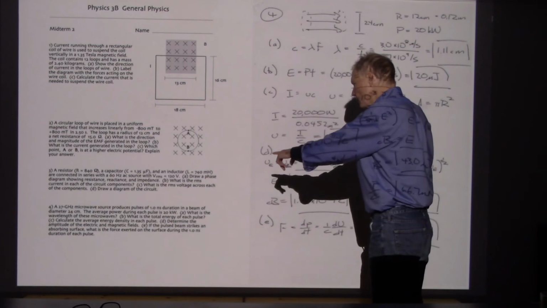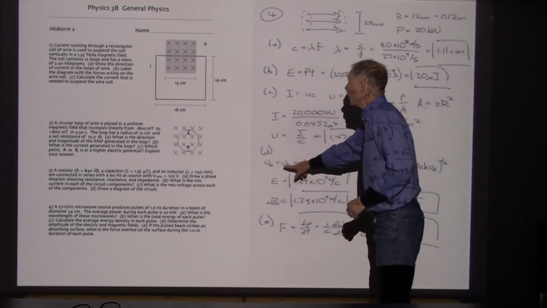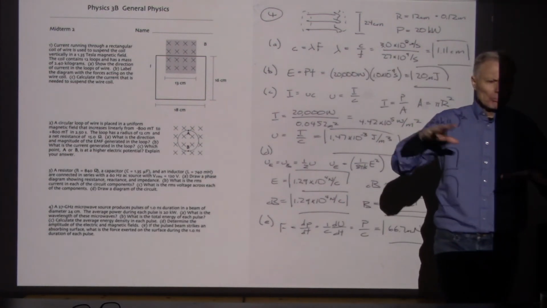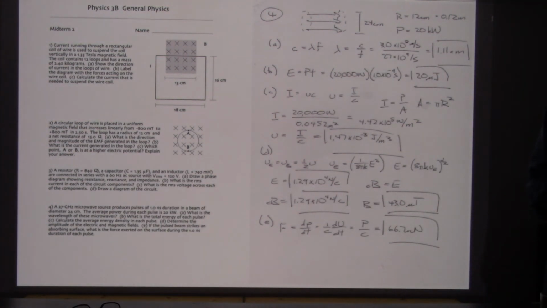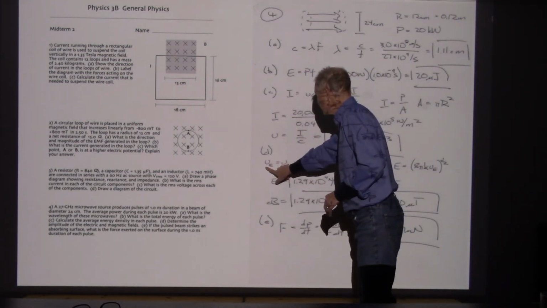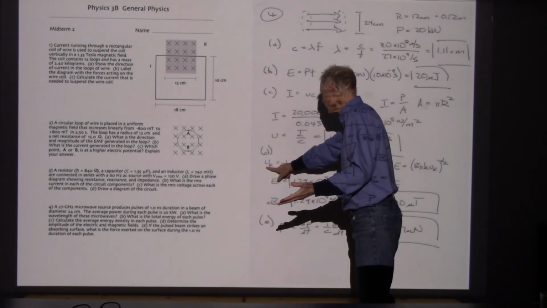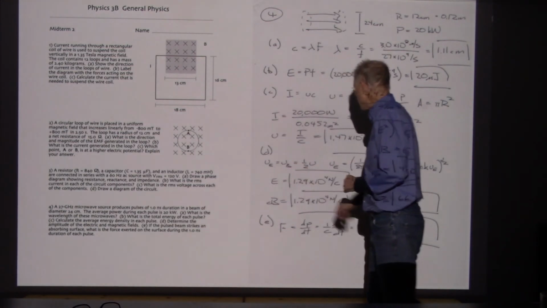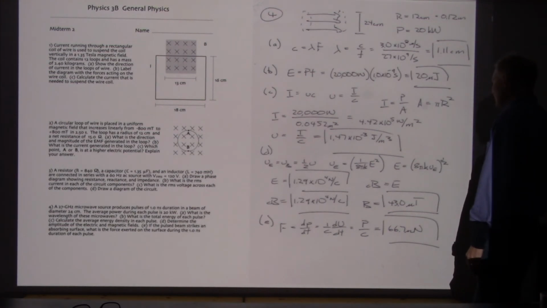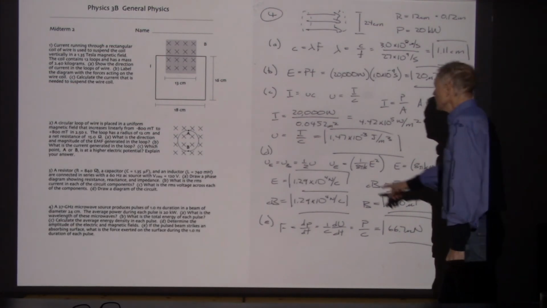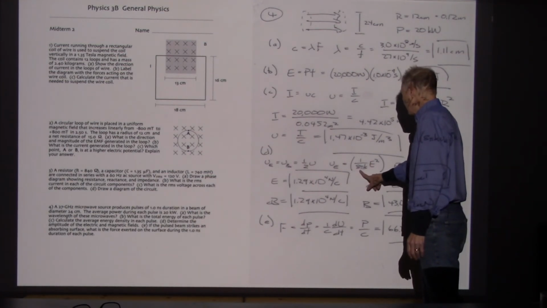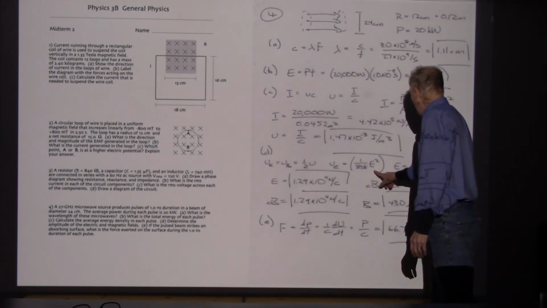Now in D, we're going after the fields here. So the energy density, we do bookkeeping with the way that we've defined electric and magnetic fields. What it turns out is that half of the energy density is contained in the electric field, half in the magnetic field. So we can write that down pretty quickly. Now the energy density of the electric field is 1 over 8 pi k times E squared.